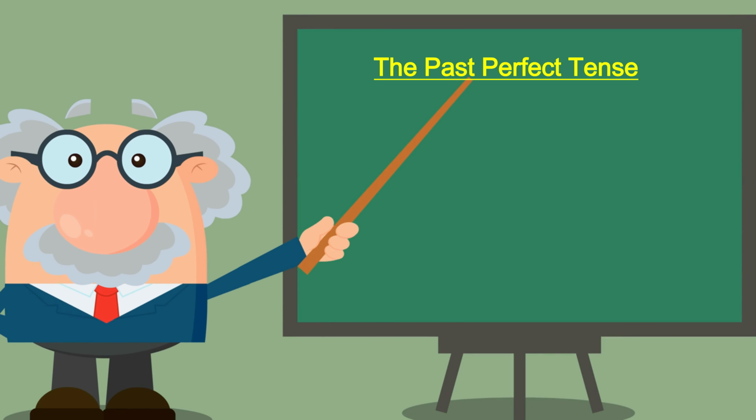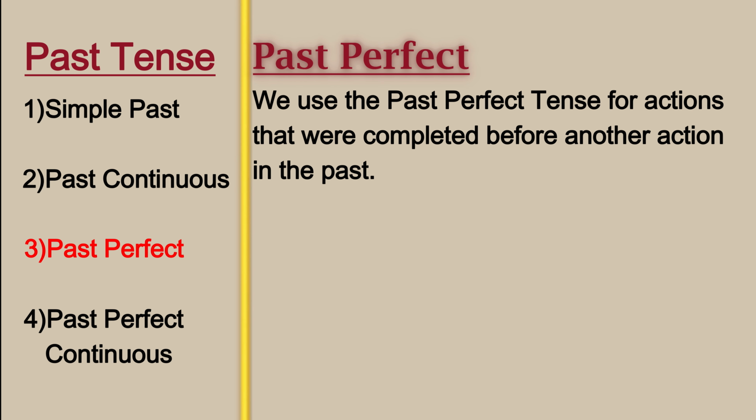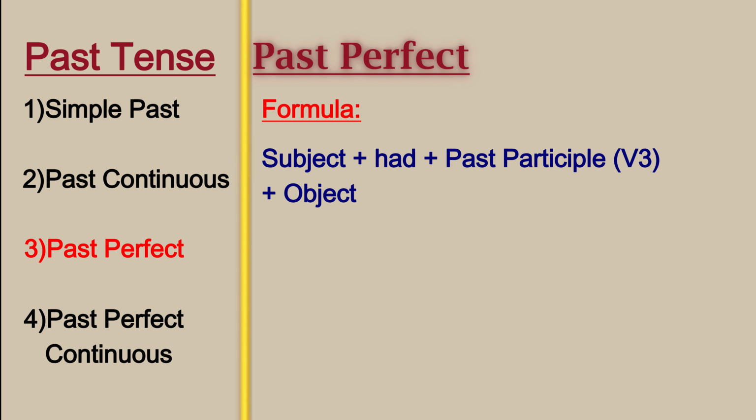Now, the past perfect tense. We use the past perfect tense for actions that were completed before another action in the past. The formula is subject plus had plus past participle form of the verb plus object.